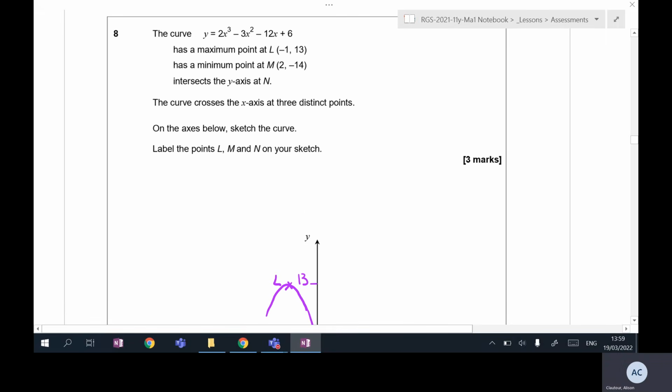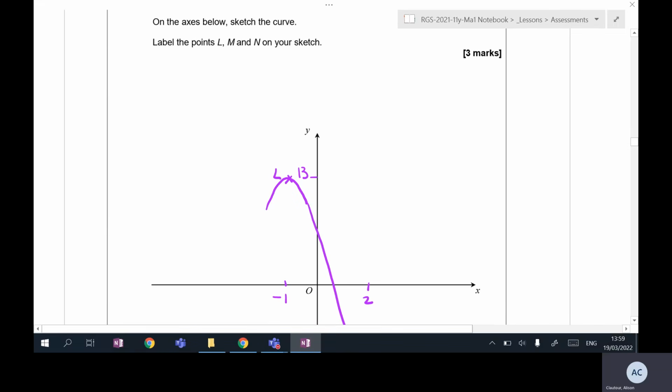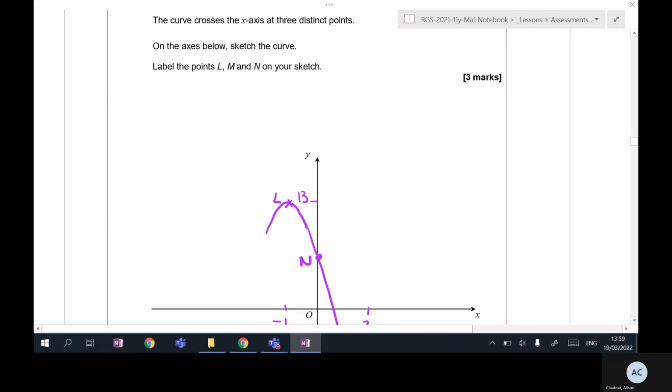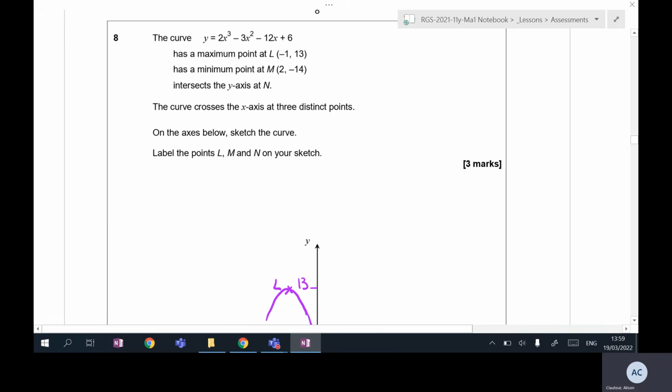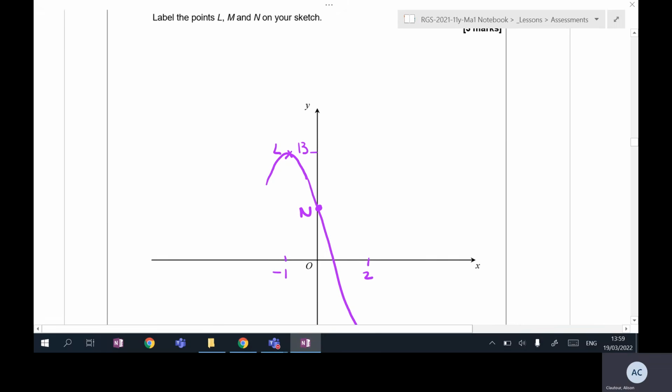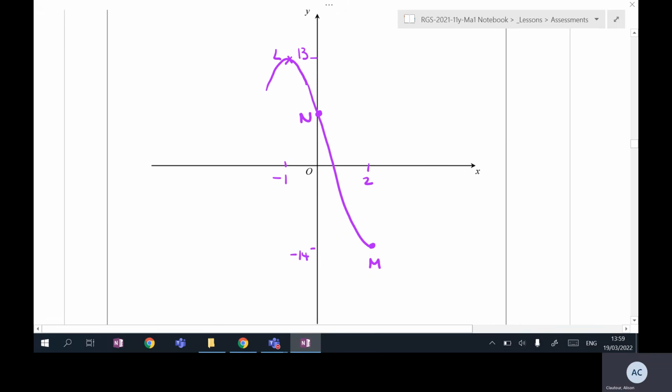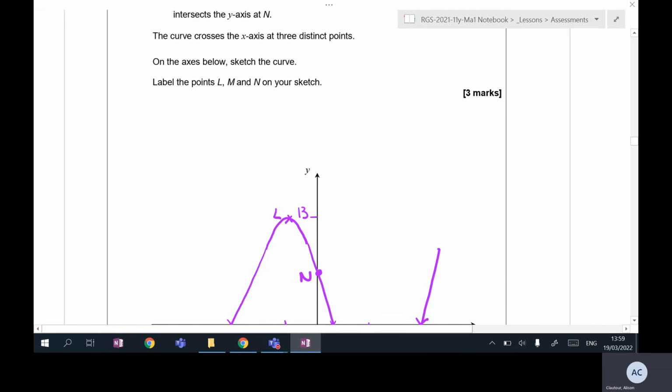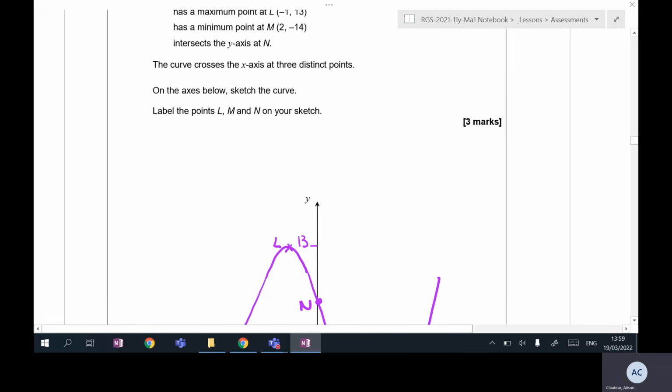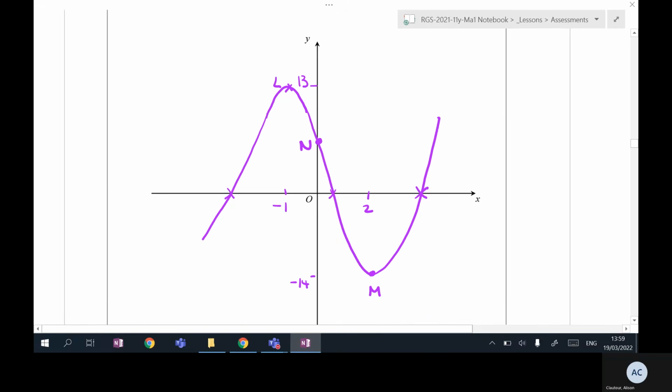Okay, intersects the y-axis at n. So this point here is n. And the curve crosses at 3 distinct points. It's got to cross 3 times. If we extend this down here, we've got 1, 2, and it's got to come back up again for 3. Okay, and then we've got all the information, L, M, and N on our diagram.